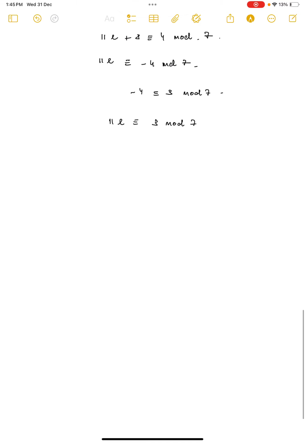Now we want to find the modular inverse of 11. So 11 into x is congruent to 1 mod 7. By hit and trial, for 1, you have 11, does not work. For 2, it's 22, and this fits the description. That is, 11 into 2 is congruent to 1 mod 7.